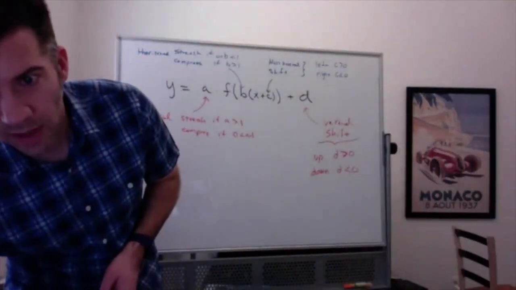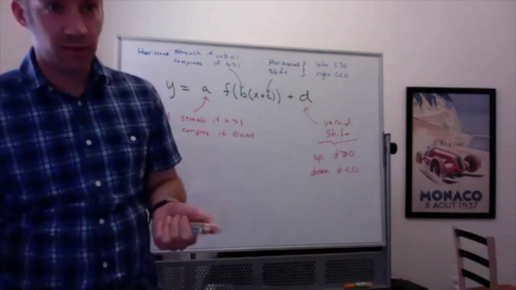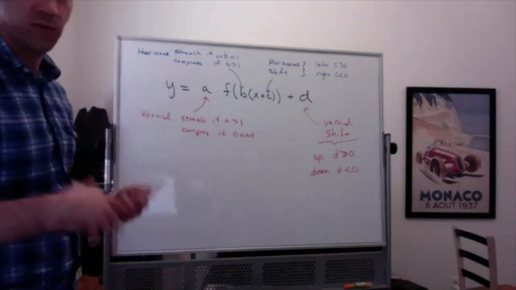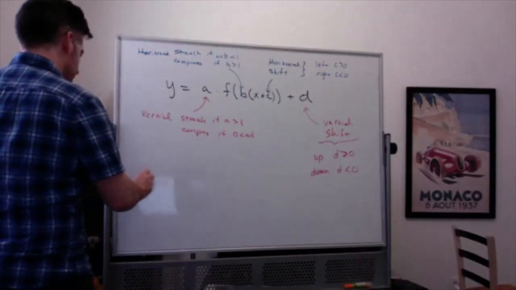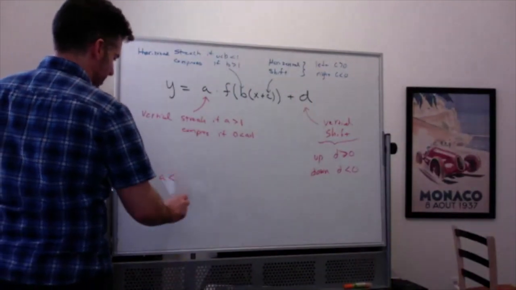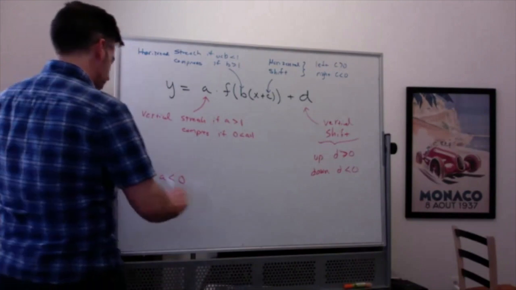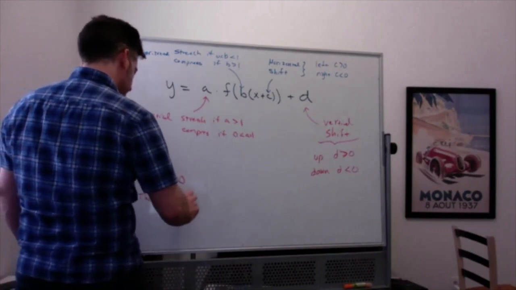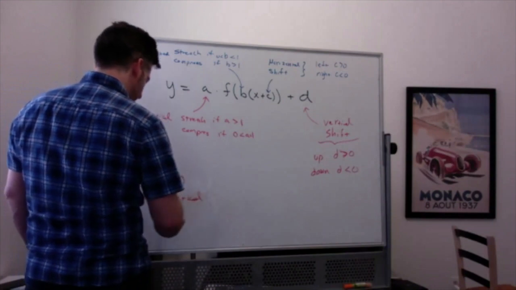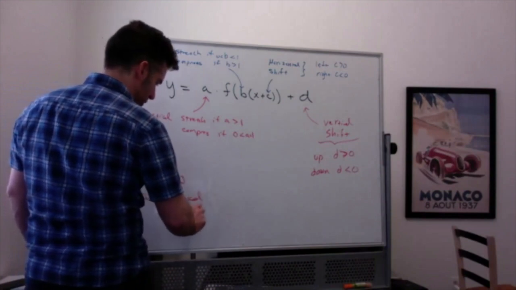So let's look at a seemingly complicated example. Oh, and then there's one more thing to say here. If a is negative, that's going to give us a vertical flip, or vertical reflection is the more mathy word.